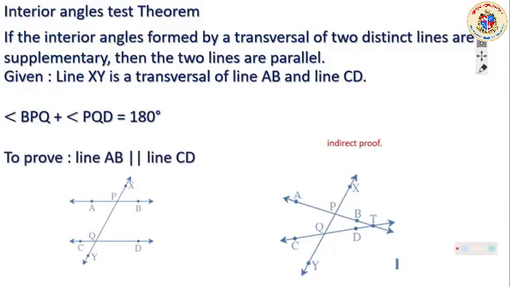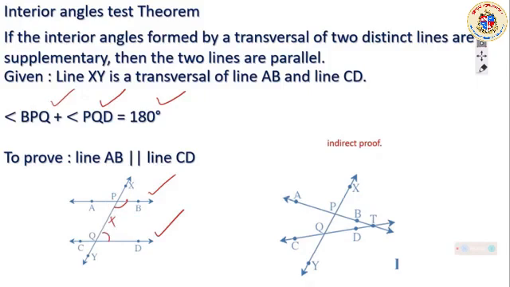How to prove that line AB in this case is parallel to line CD? The simplest mechanism is to prove that angle BPQ plus angle PQD is equal to 180. These two become 180.